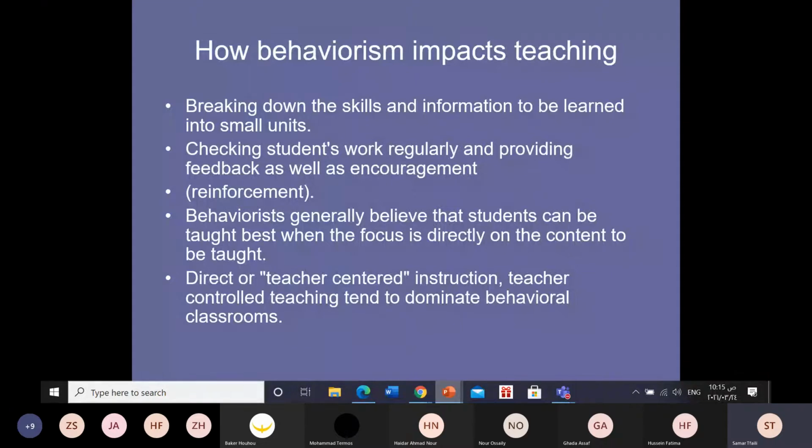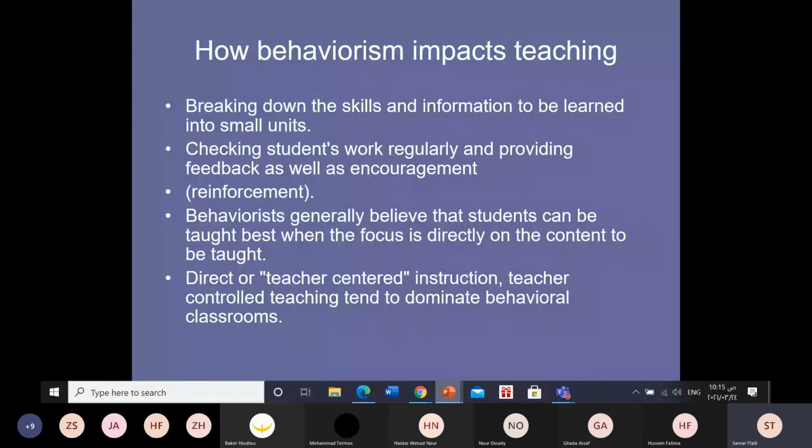Here the teacher becomes just a facilitator for students to understand more. So these two theories are what we can most see in classrooms. These are the main ideas I said quickly.